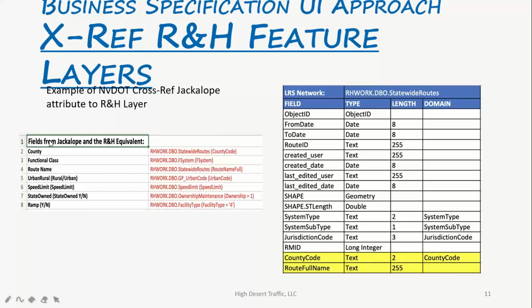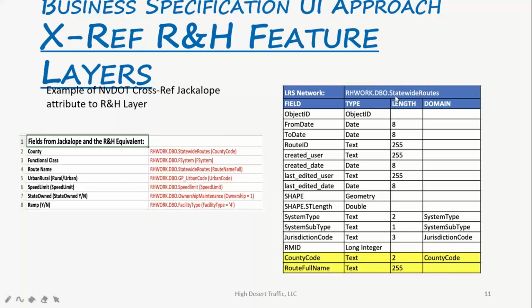And so what you'll see is a list of fields in Jackalope like county, functional class, route name, your rural urban codes, etc. And then Chris has put there the layer file name from Jackalope. And this is an example then of the first one, county, and then the county name.